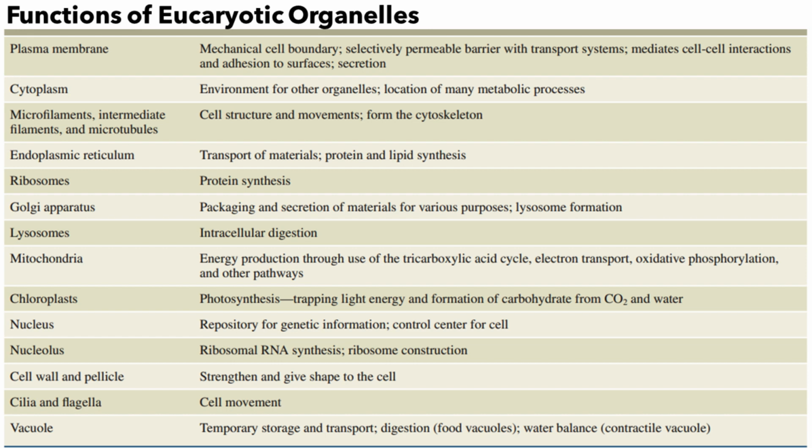Endoplasmic reticulum. Its function is transport of materials, and protein and lipid synthesis. Ribosomes. Their main function is protein synthesis. Golgi apparatus. It is used for packaging and secretion of materials for various purposes, and lysosome formation.